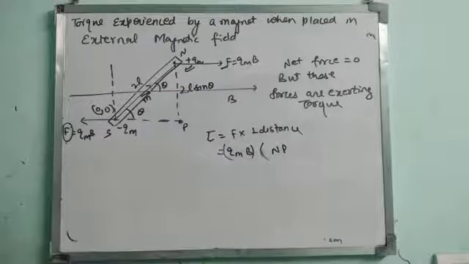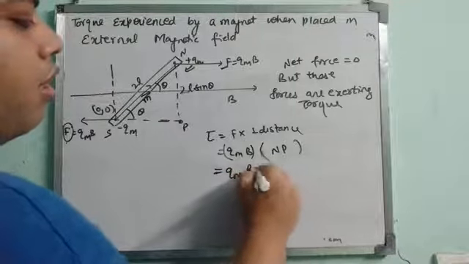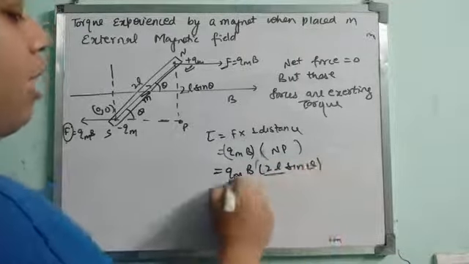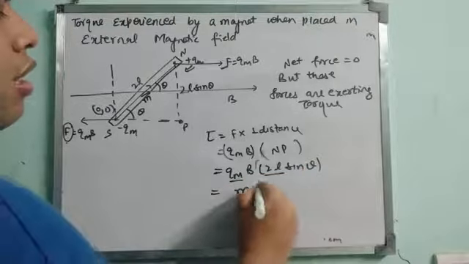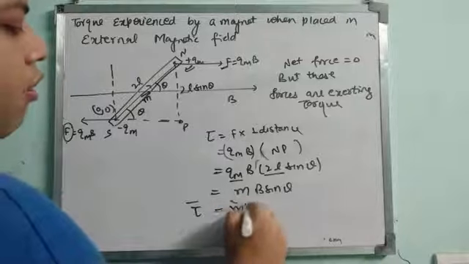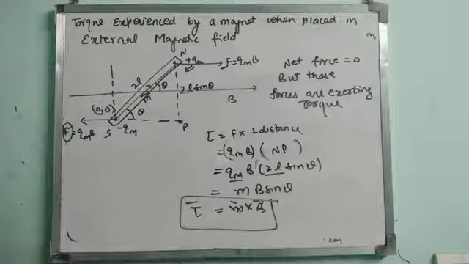So what can you write as NP? 2L sin theta. But 2L into QM is the magnetic moment, so it becomes MB sin theta. It will become vector m cross vector b. So torque will become vector m cross vector b.